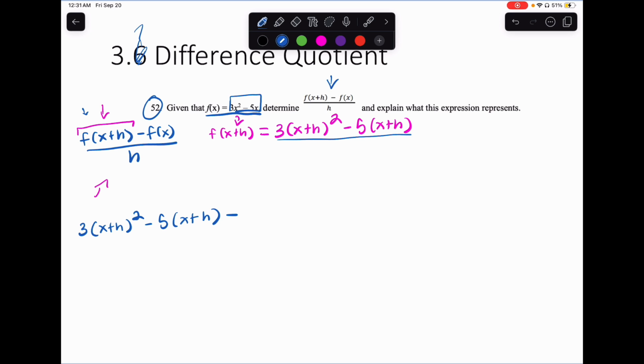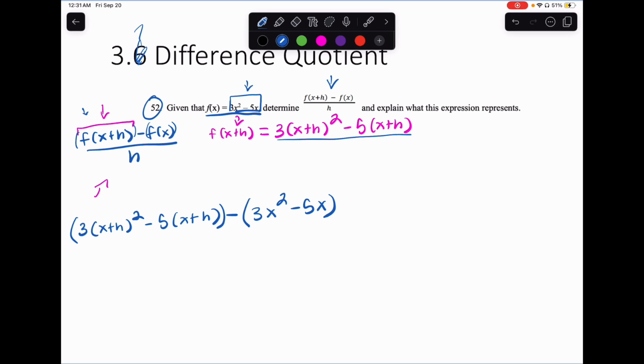So this is super important actually. This needs to be in parentheses because you're doing f of x plus h as one thing minus f of x, which is another. So if you wanted to, you could even put this guy in parentheses as well. So minus (3x squared minus 5x). So all I did is I replaced our f of x with the expression it gives us.